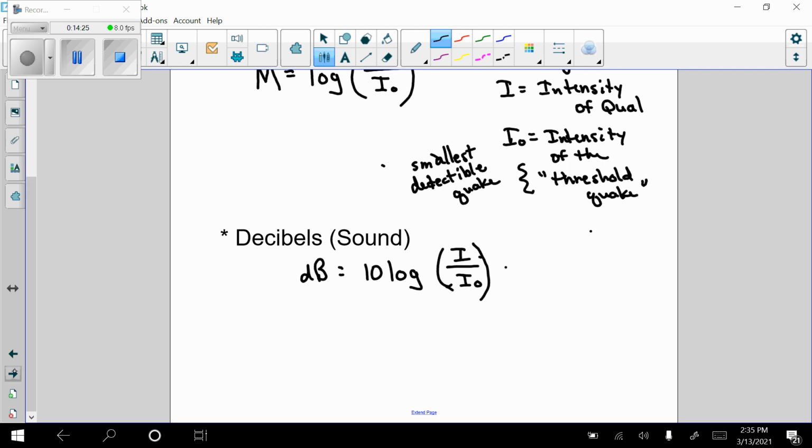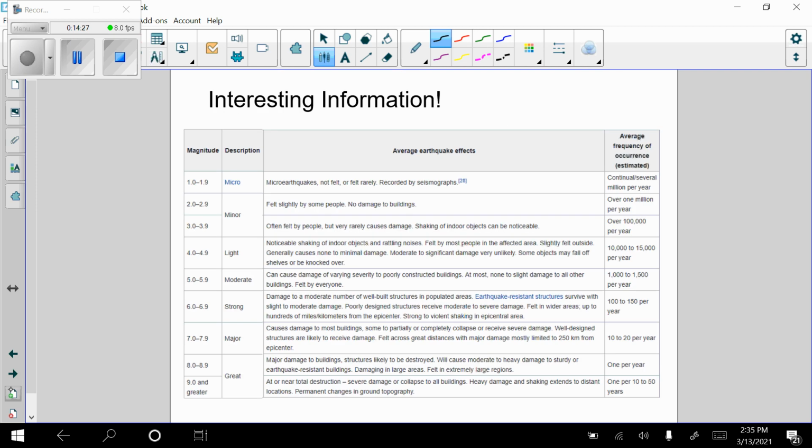Okay, so before we do some problems, this is just an interesting little slide that was thrown in here. It's about the magnitude of the earthquake, anywhere from 0 or 1 to greater than 9. It gives you a description of them, whether it's a micro earthquake or a minor or a light or a strong, and gives you an idea of what kind of damage that earthquake can cause based on the magnitude.